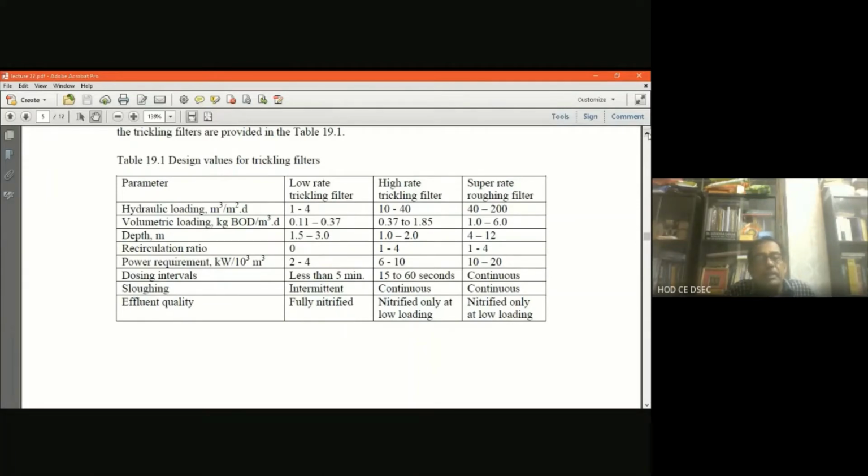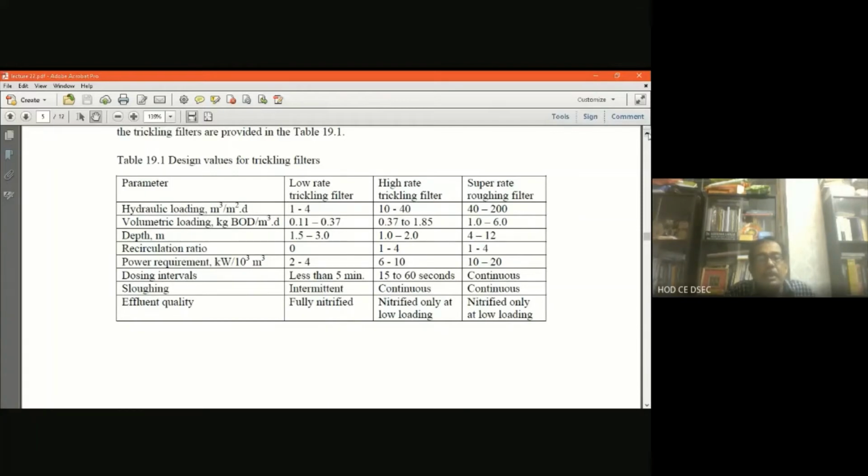And recirculation ratio: no recirculation ratio is considered in the low rate trickling filter because the sludge is not returned in the low rate trickling filter, but in the high rate trickling filter the recirculation ratio is 1 to 4, and the same continues in the super rate roughing filter. Fine. Now these are the things.